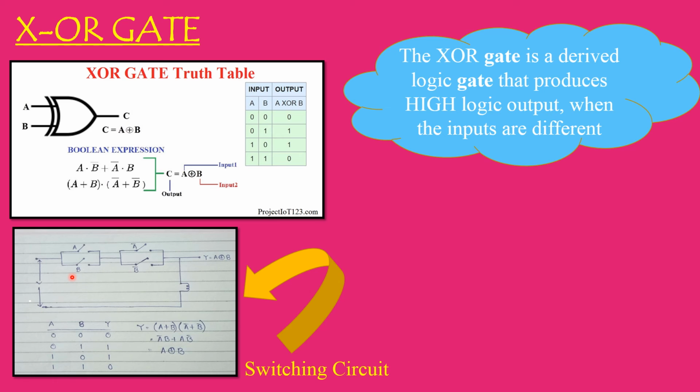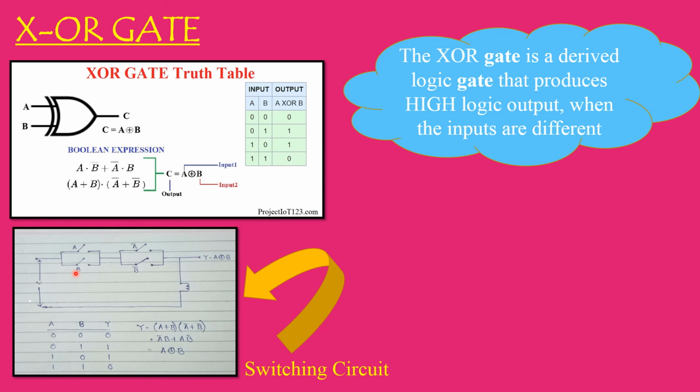Say for suppose this is the case when all my switches are open. So it is understood that even if I supply, all my electrons will be stopped here itself because this is an open circuit. You don't have your load, that is your lamp, glowing. So in other words, I'll have my output to be 0. Even for the case when A and B are 1, you can't say all my switches are closed, because when this is closed, it is understood this has to be open.